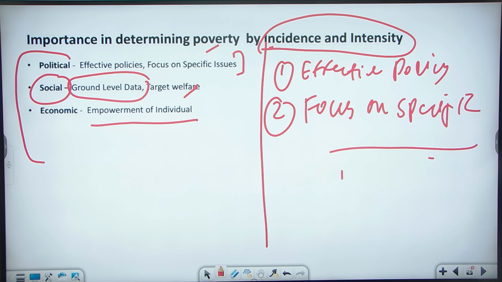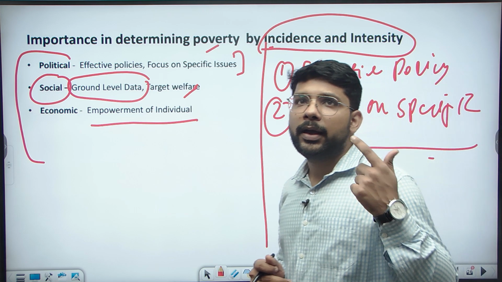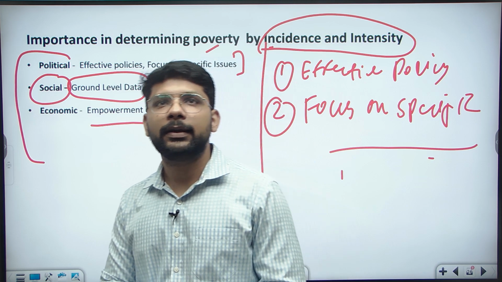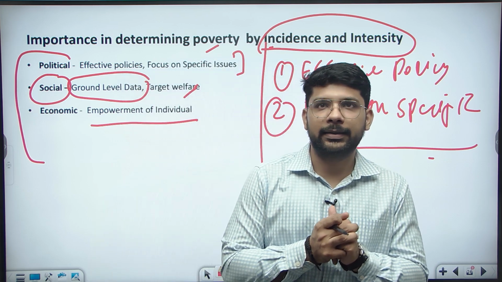Now the second part of the question is demanding the United Nations MDPI, Multidimensional Poverty Index.